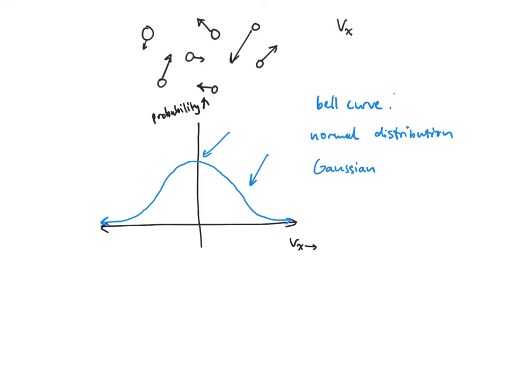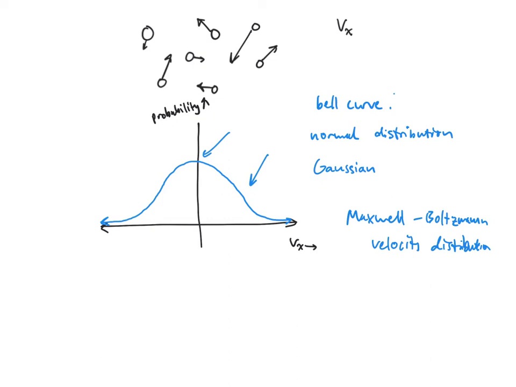When the bell curve is applied to molecular speed, it's called the Maxwell-Boltzmann velocity distribution. And I'm going to write its mathematical form right now.